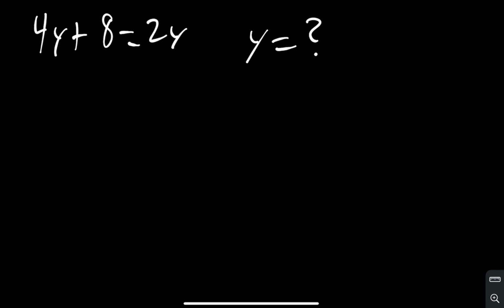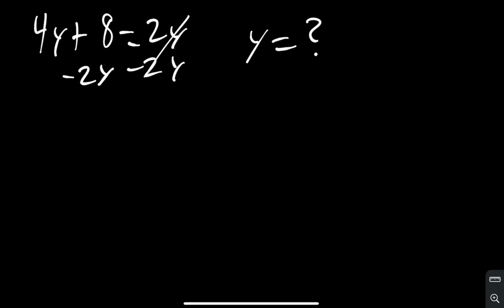We have that 2y on the right side of the equal sign. We need the y's on one side and a number on the other side. To make this easy, instead of doing the 4y, we're going to do the 2y. We're going to subtract it from both sides. 2y minus 2y gives you 0, so these cancel out.